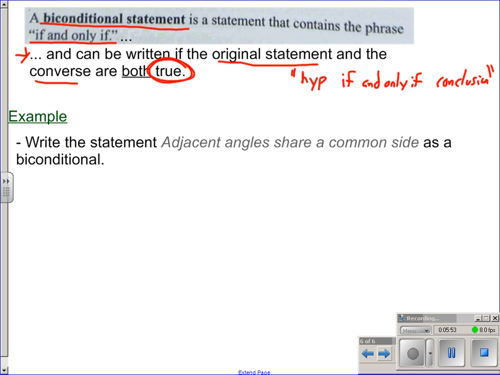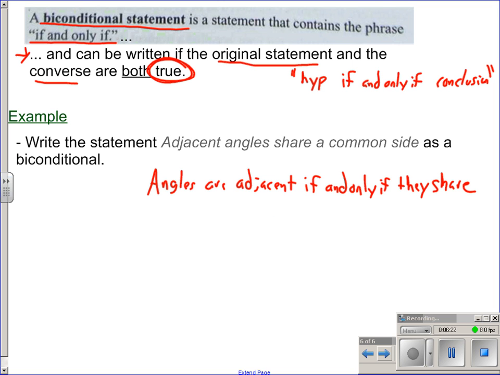All right, so back to the example. It says, write the statement, adjacent angles share a common side, as a biconditional. Angles are adjacent, again, I'm changing the words around just to make it flow better as a sentence, angles are adjacent if and only if they share a common side.